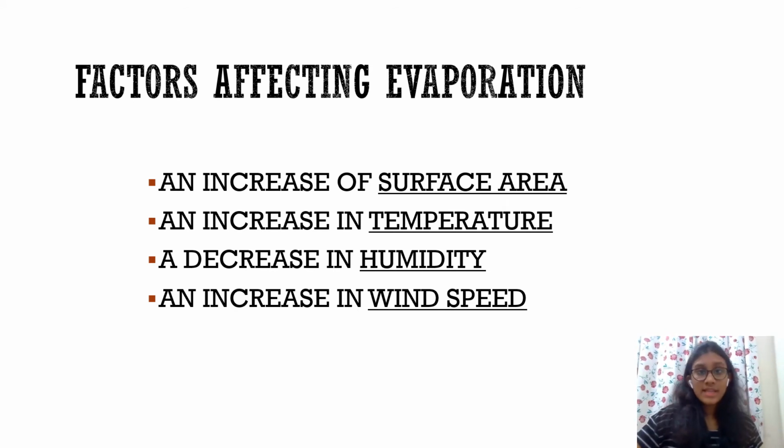And obviously, when there is enough water in the atmosphere, it will not collect more water. Thus, the rate of evaporation decreases when humidity increases. And number 4, an increase in wind speed. If the speed of wind increases, the particles of water move away along with the wind, which decreases the amount of water content in the surroundings.